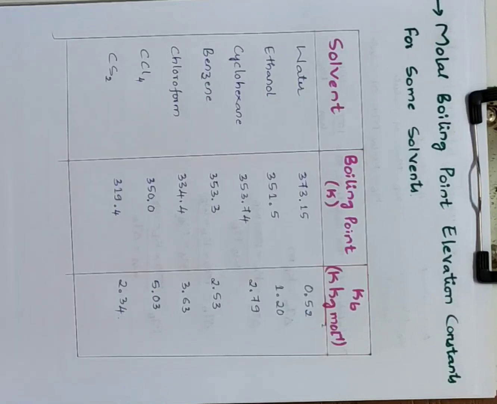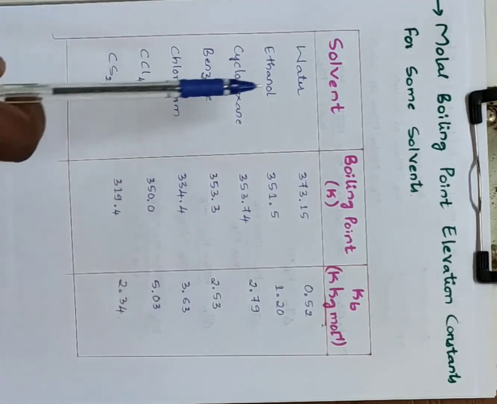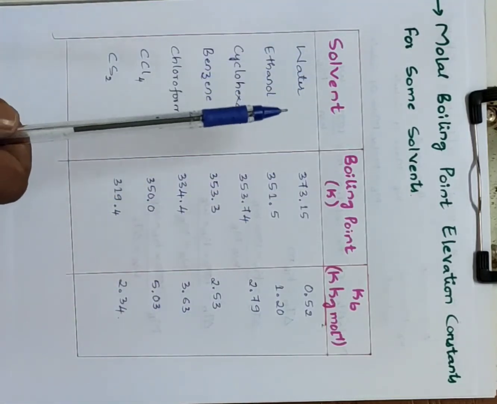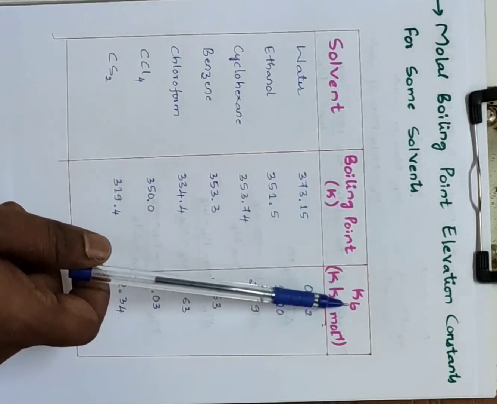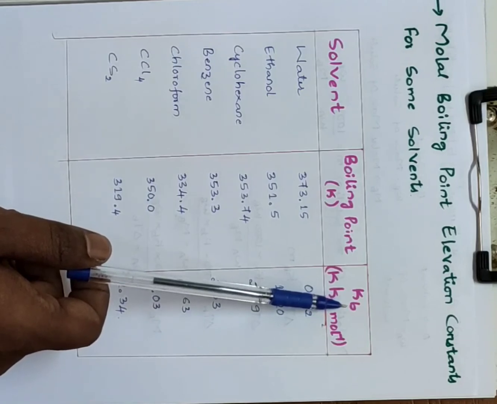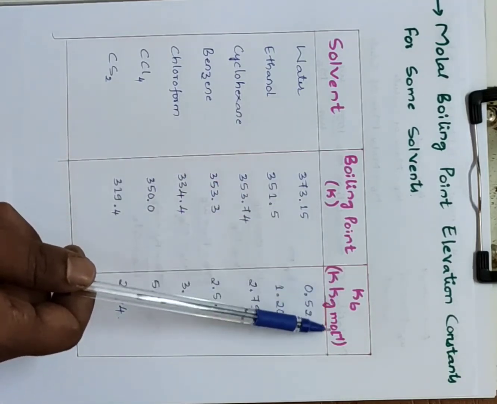So here are the values of some solvents. Boiling point is expressed in Kelvin. The molar boiling point elevation constant is expressed in Kelvin kg per mole.